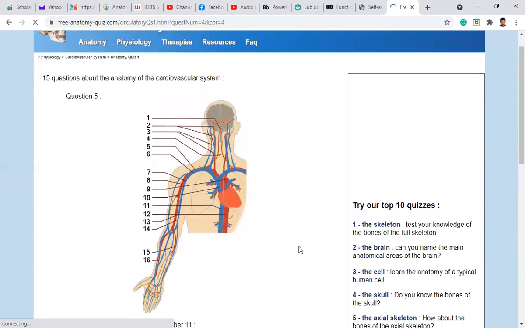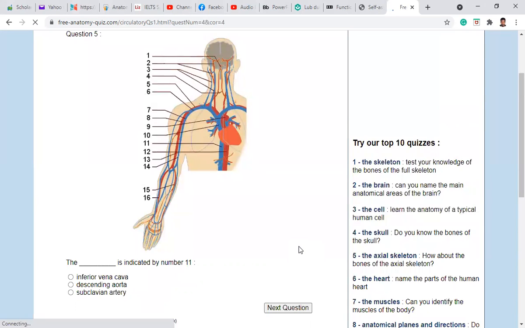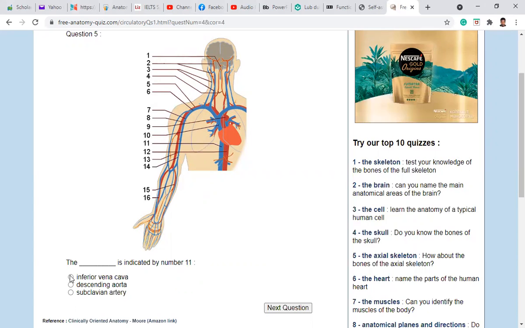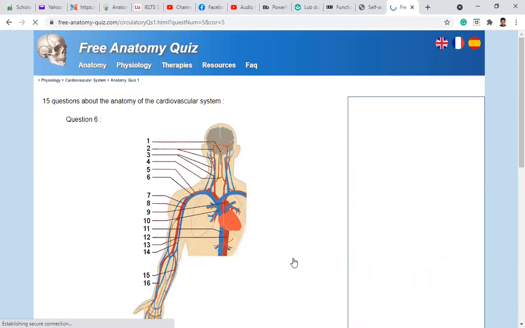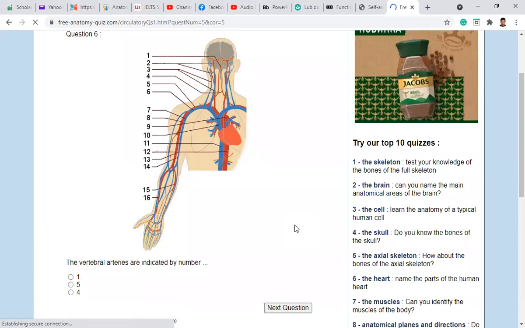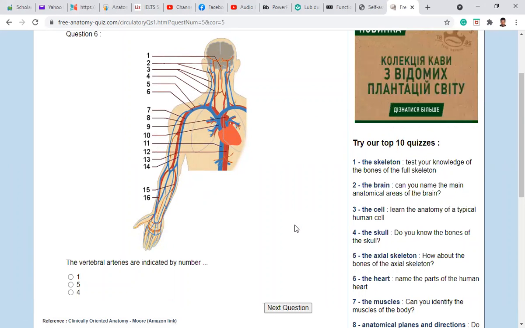Next question. The vessel indicated by number 11 is the inferior vena cava. 11, inferior vena cava. Okay. The vertebral arteries are indicated by number... We didn't do vertebral arteries, but from the name, I think it's number 4.